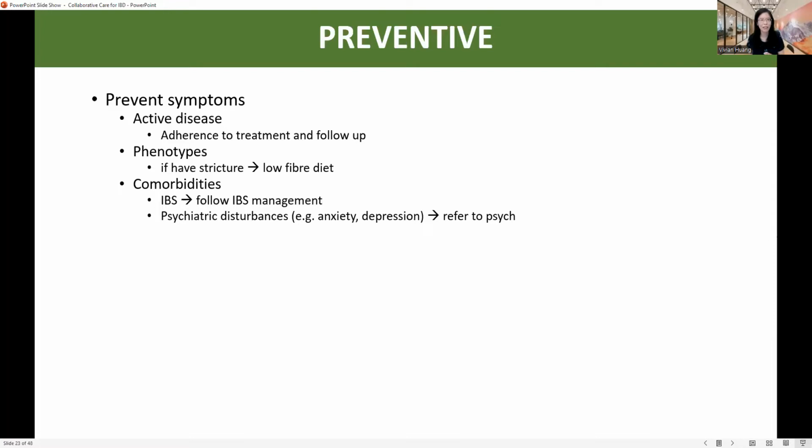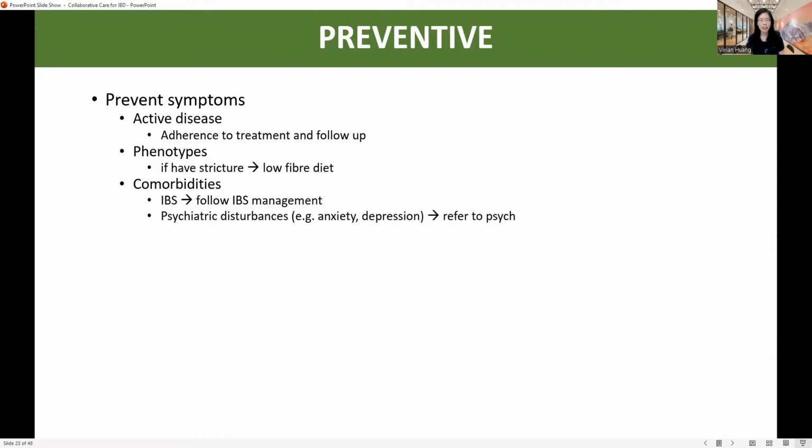If a patient has strictures, you can explain it to them and try to prevent those obstructions by counseling on their diet, a low fiber diet. If they have comorbidities like irritable bowel syndrome, I find that educating them so they understand the difference between irritable bowel syndrome and active IBD means they might follow the IBS management for those symptoms and prevent those symptoms from contributing to their poor quality of life.